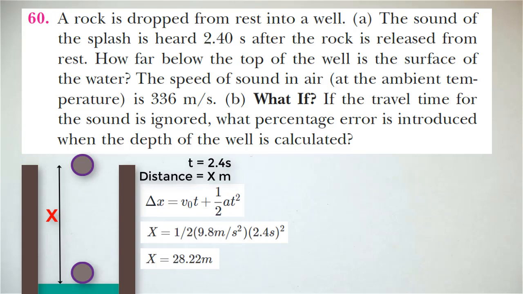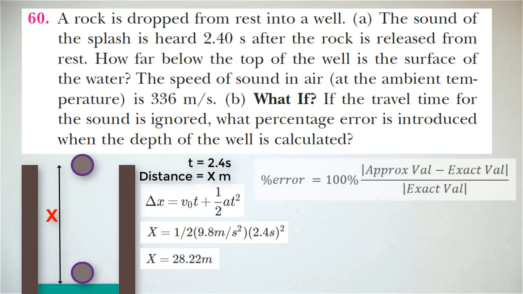And to finally find what part B is asking for, we need to find the percentage error, which is defined by this formula as 100% times the approximate value minus the exact value, all over the exact value, with absolute value signs around them.